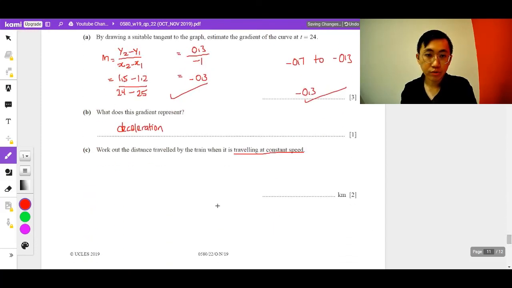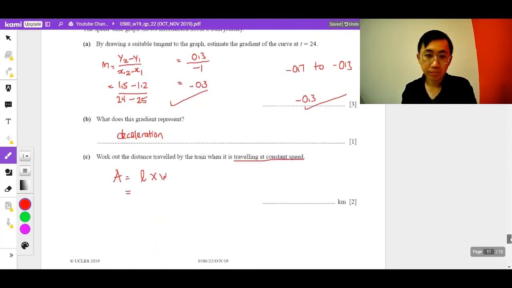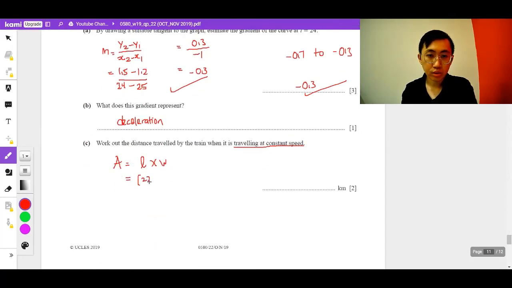Area is length times width. So let's find our length. Our length is 22 minus 5. Alright, width. Let's check the width.